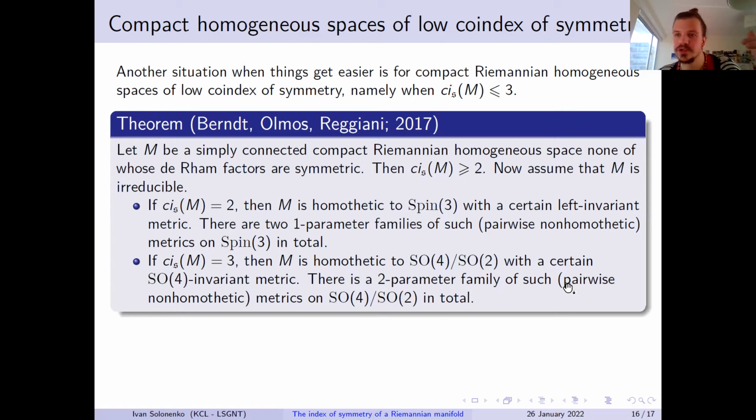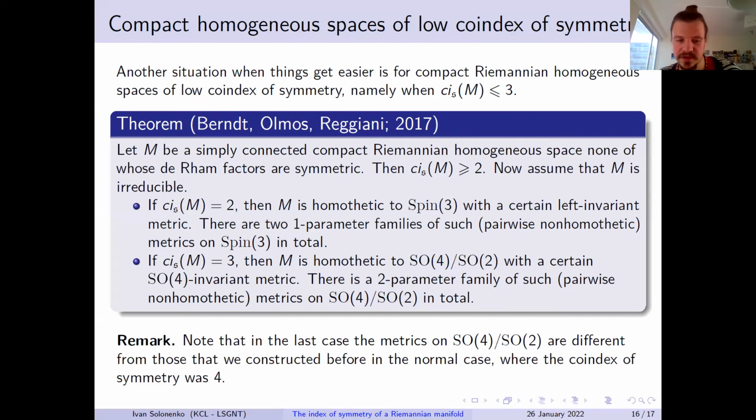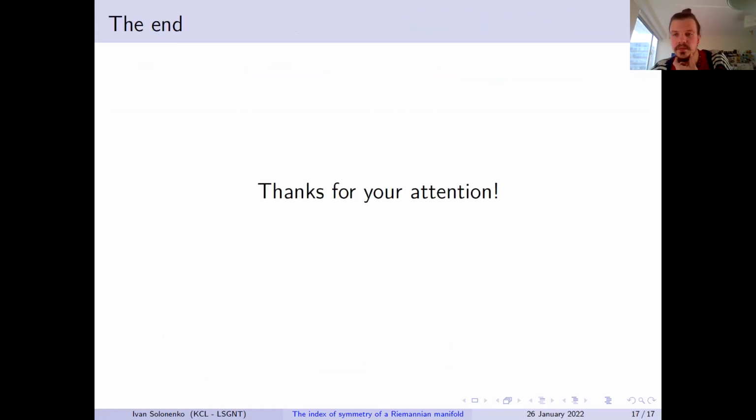So the co-index of symmetry is 4. So the metrics you use here are different. But they're still SO4 invariant, and in total there is a 2-parameter family of such metrics, where each 2 elements in the family are pairwise non-homothetic. And this is pretty much all. As I mentioned, this is different from the Stiefel situation. Yeah, and I think I'm done. Thanks for your attention.